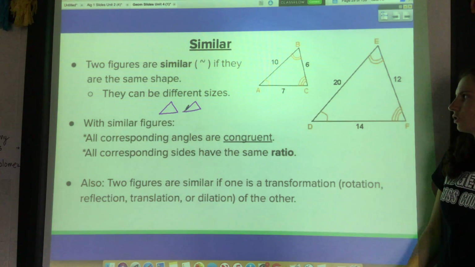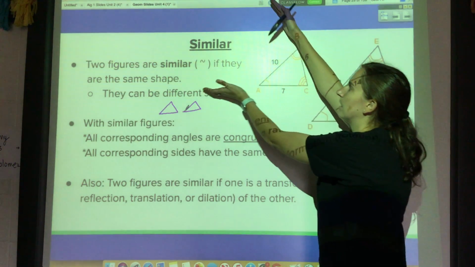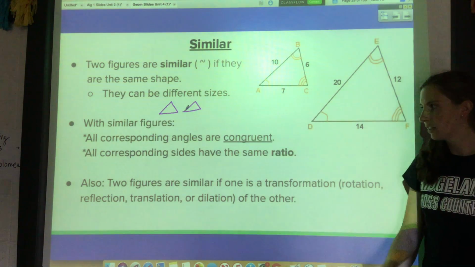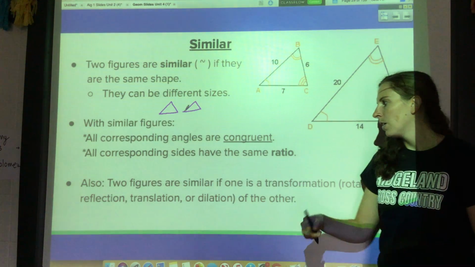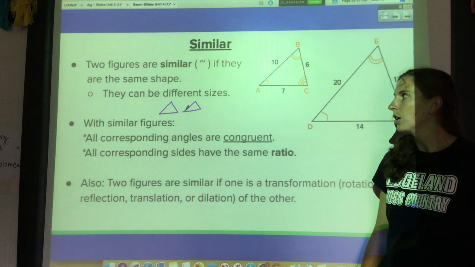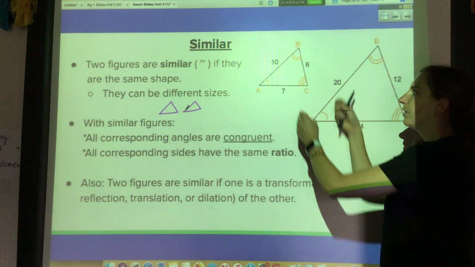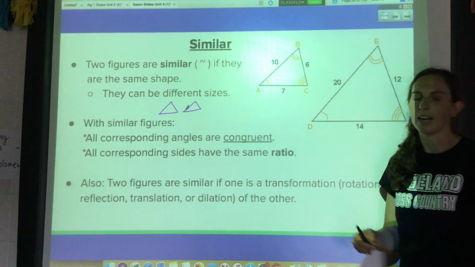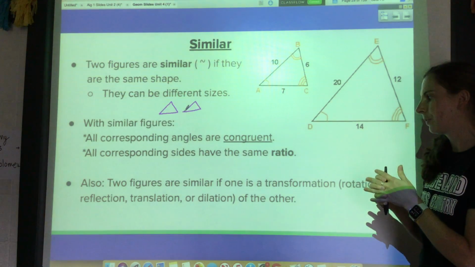Those angles don't change, they just extend a little further, but the corresponding sides are not the same. They have the same ratio though, because the figure has been dilated in some way, either stretched or shrunk.